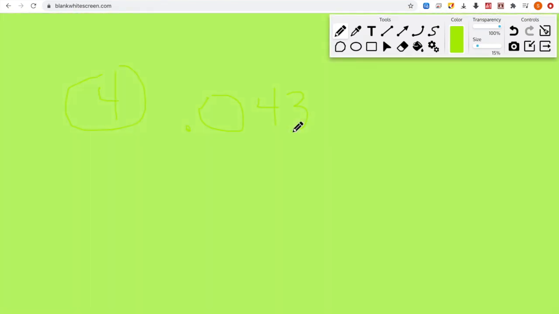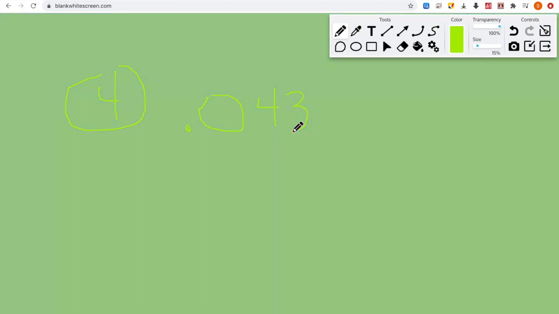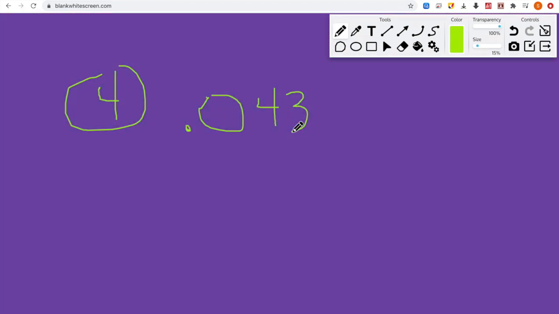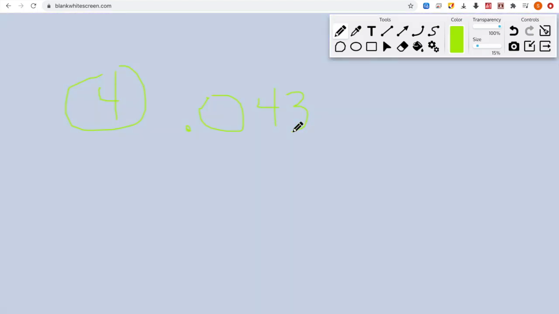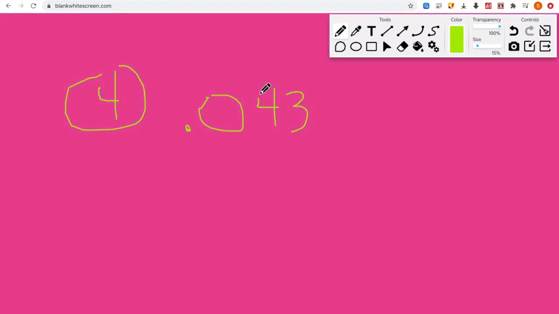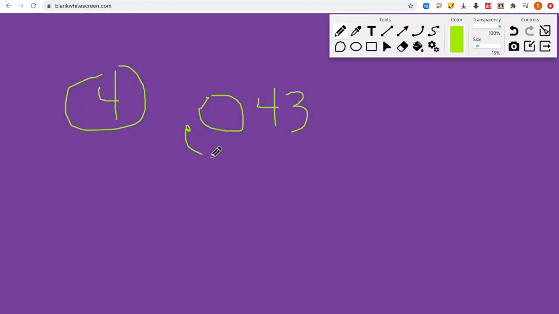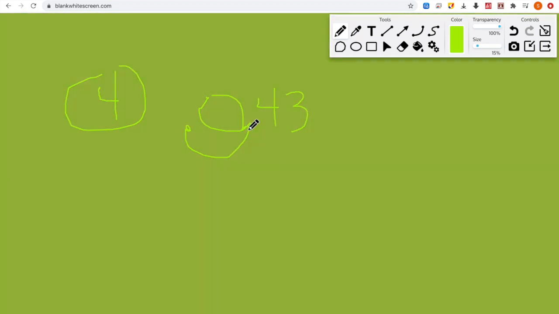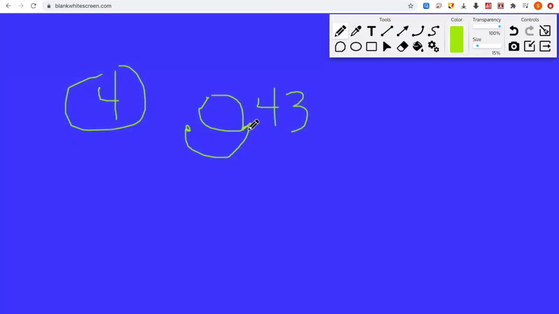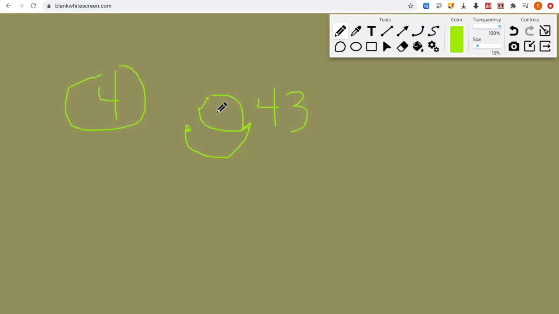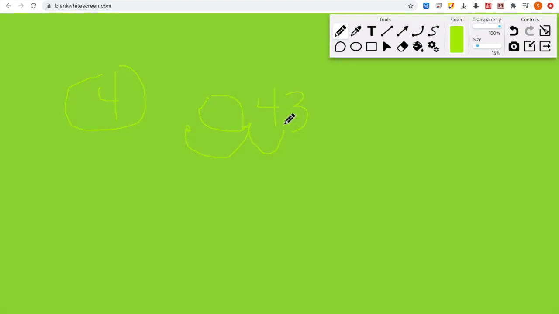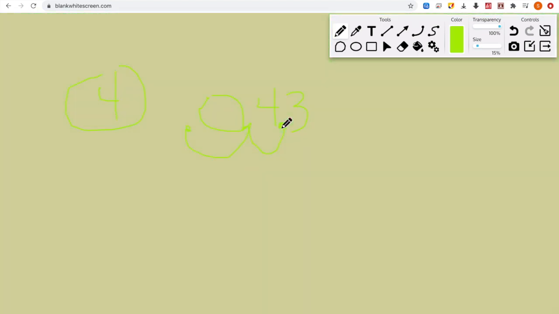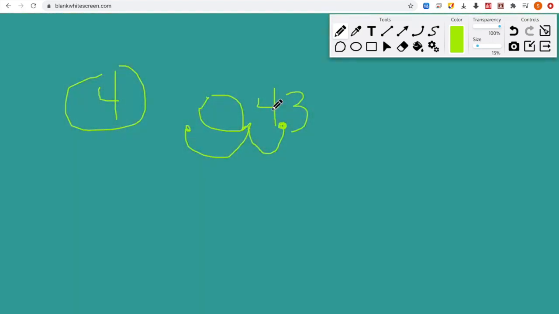We're going from decimal form to scientific notation, so we have to have 1 number in front of the decimal. That number has to be between 1 and 10. If I stop right here, I will have 1 number in front of the decimal, but that number is 0, and that won't be between 1 and 10. So I actually have to move it over a second space.